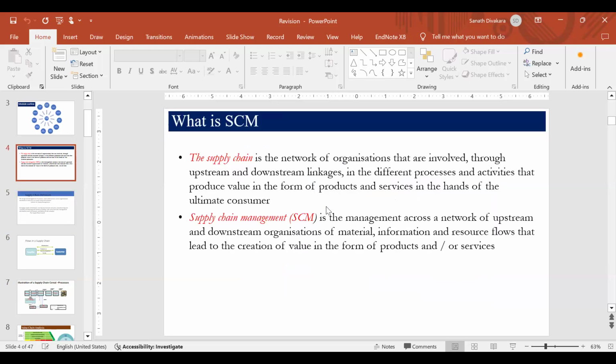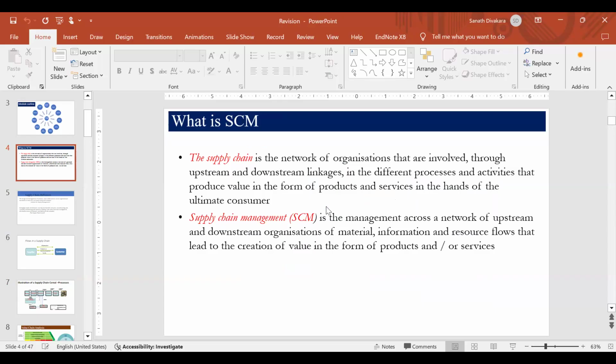Going through this statement, you can say there are basically three flows: information flow, material flow, fund flow. If you answer without indicating those three, you will not get marks, right?